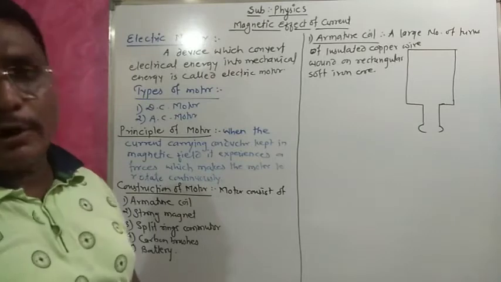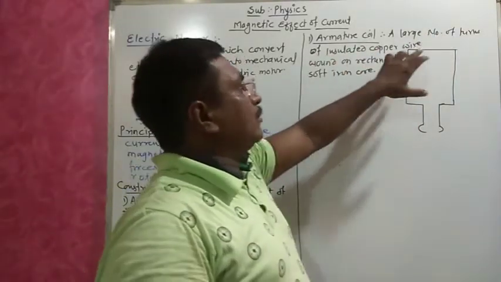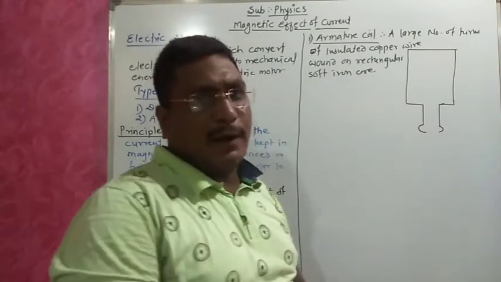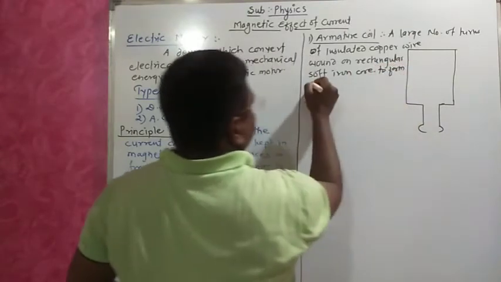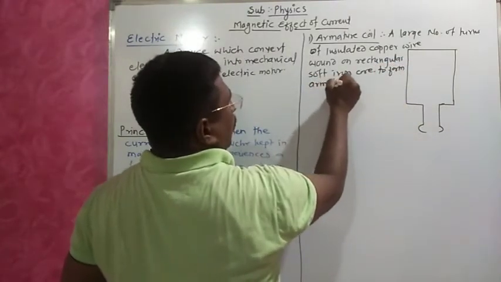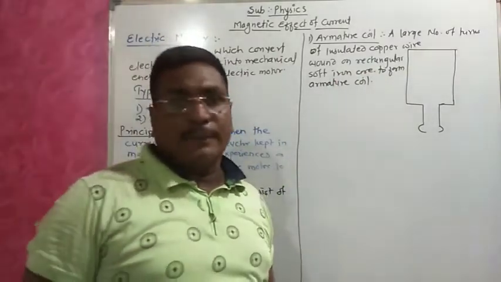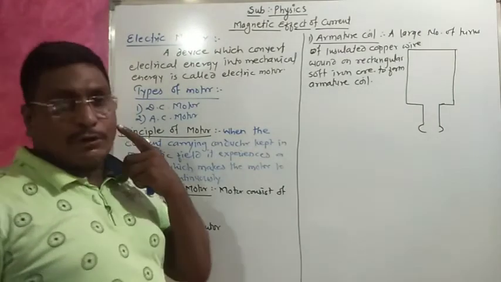So a large number of turns of insulated copper wire wound on a rectangular soft iron core form the armature coil. In this way the armature coil is there.